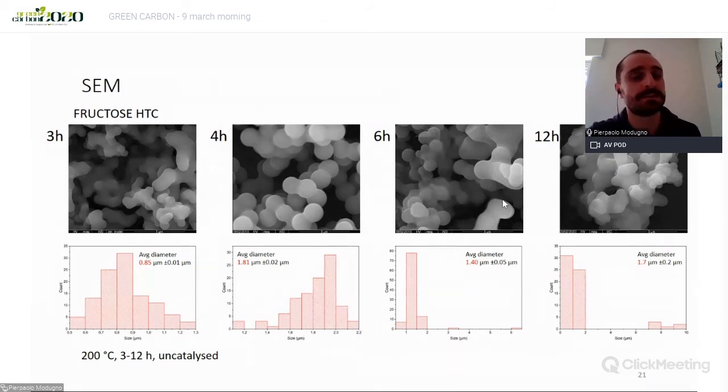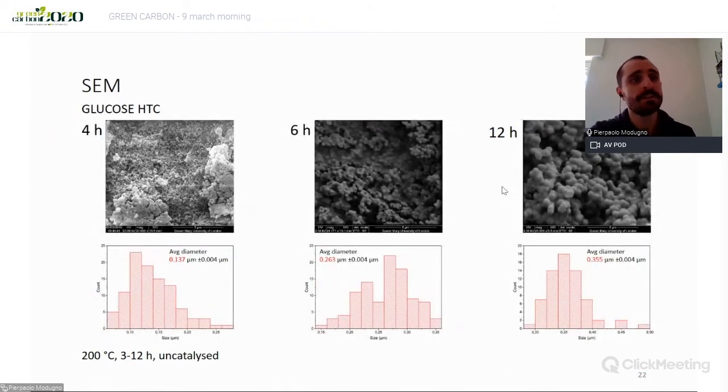Here is the fructose-derived hydrothermal carbon, and we can see that the carbon spheres are fused into each other, and the average diameter grows as the reaction time increases from 0.8 micrometer to 1.7 micrometer. And also we can see that as the reaction proceeds, there are 2 populations of particles growing.